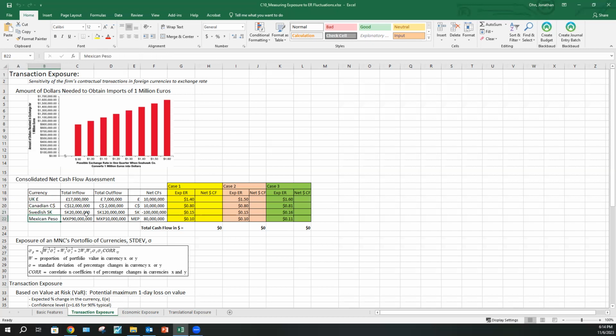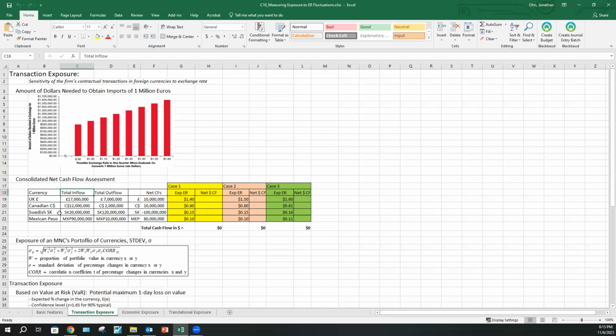Based on our calculation, suppose we have total inflows for the UK of about 17 million UK pound. Outflows is about 7 million. So net cash inflows is 10 million UK pound. Now Canadian dollar. The inflows 12 million and outflows is 2 million. So 10 million Canadian dollar net cash inflows.